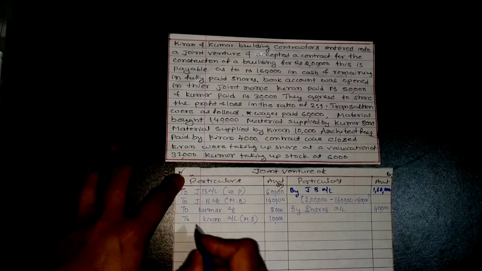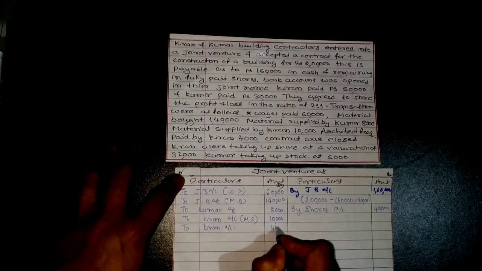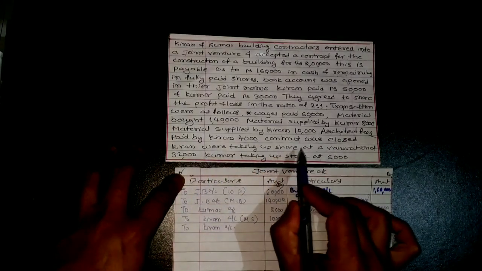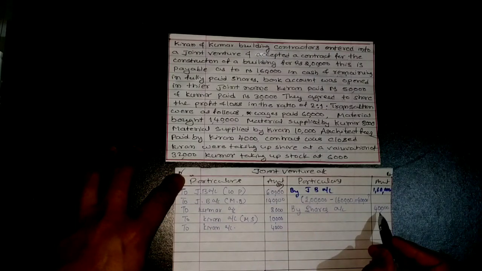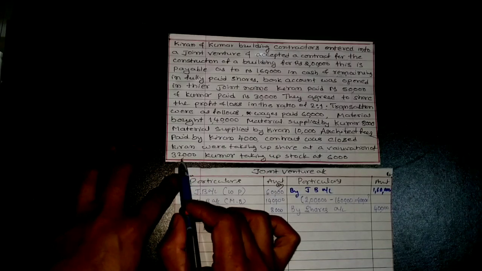Architect fees paid by Kiran to Kiran, he paid, so to Kiran account, how much? 4,000. Contract was closed. Kiran were taking up shares at a valuation of 32,000. Here the actual value of share is 40,000, but Kiran is taking up at 32,000.